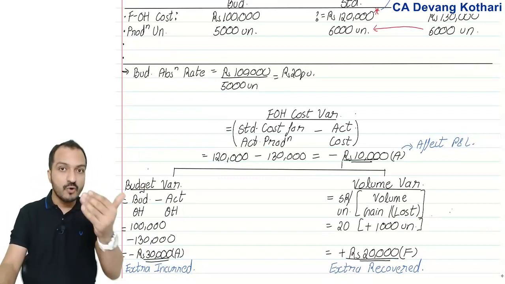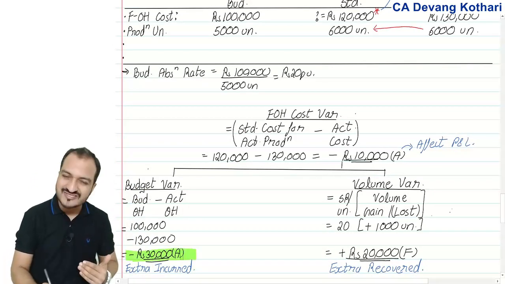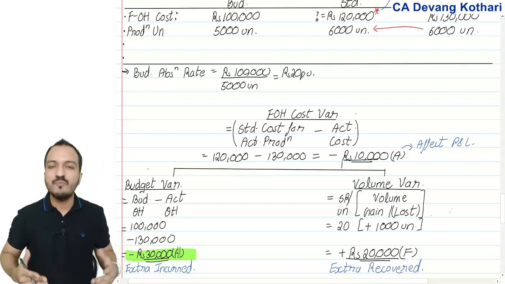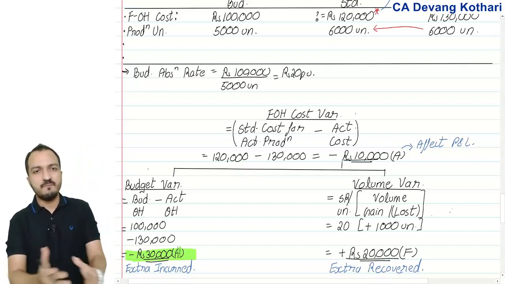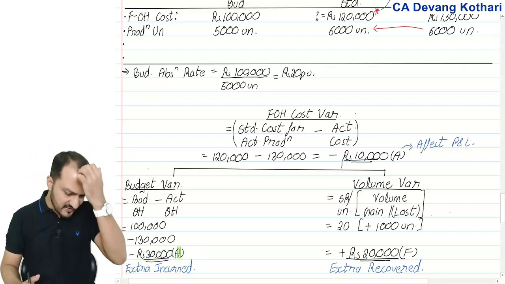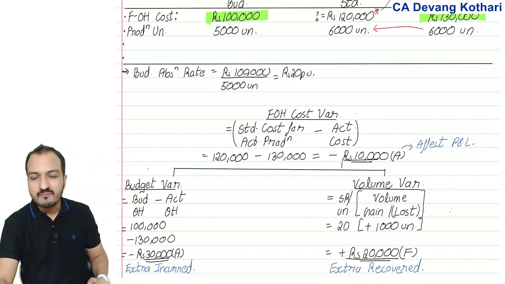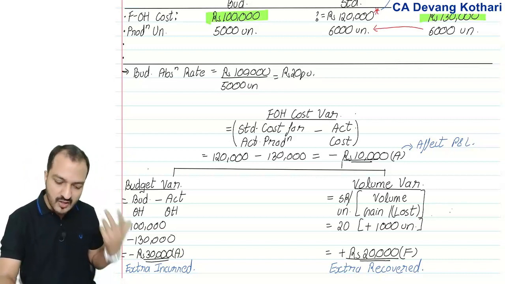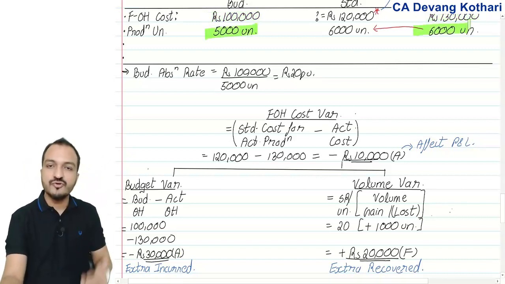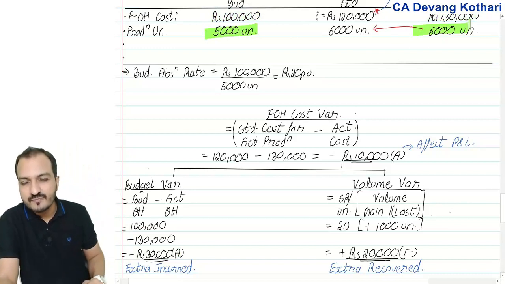Now, naturally, when my boss is scolding me for spending 30,000 extra, what is the best argument I can make? The best way to save myself will be to say, sir, agreed that I have incurred 30,000 extra, but please see the next line also. I have also produced extra units than what you told me to.